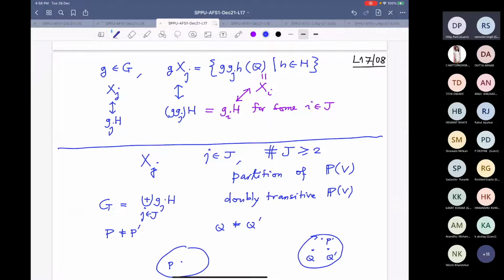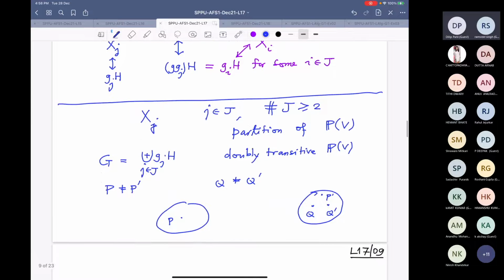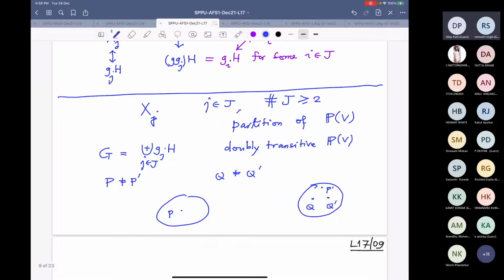And because it is a group action, it will be bijective only. So suppose I choose, what do you want? We are given that G operates doubly transitively, meaning for two distinct points, I can choose a g which will map P to Q and P prime to Q prime. I can choose one g in G such that this holds. Now, if I have chosen P in one of the partition sets, and in the other partition I choose 3 points.